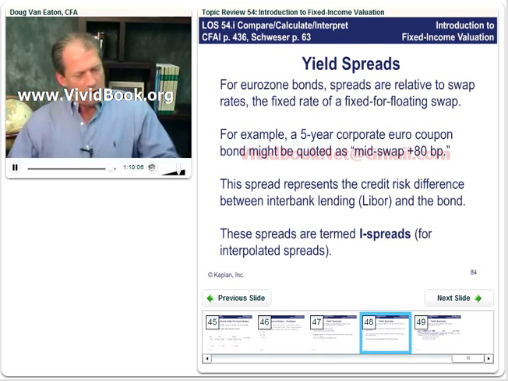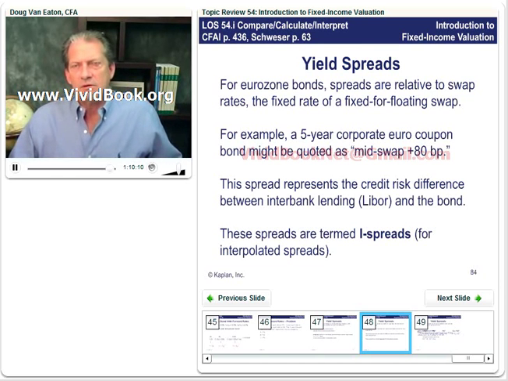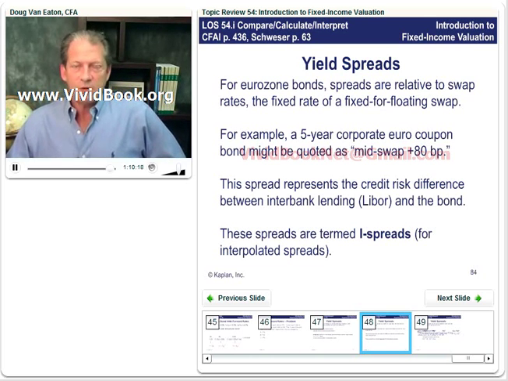Just go, well, see, that spread's negative to the swap rate. Must be a better credit than the swap. Less credit risk than the loan the swap is quoting the rates for. So these spreads are termed I spreads for interpolated spreads.